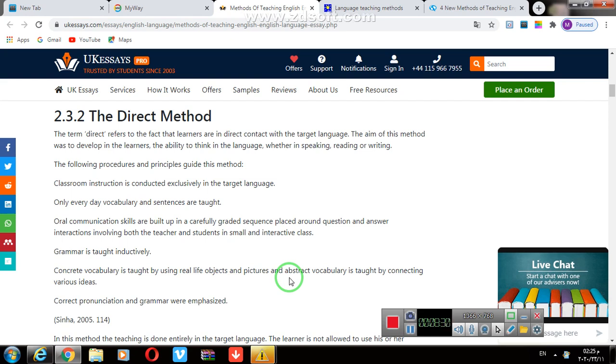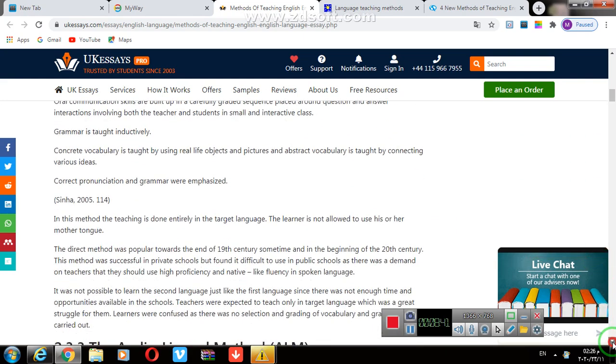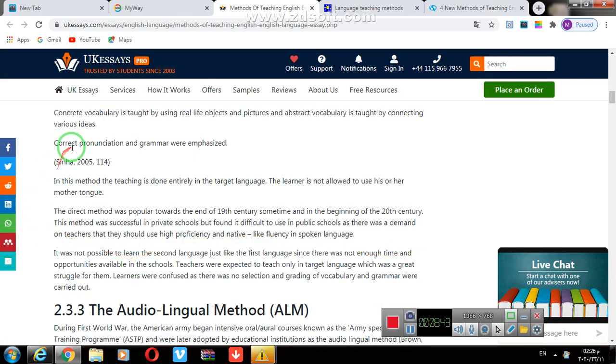And if some vocabulary is not clear, they can try to understand it through various ideas and expressions. Also, they can get from the direct method correct pronunciation and the grammar that were emphasized before. It's through the repetition of reading, they can have correct pronunciation, and grammar can be emphasized before these sessions.